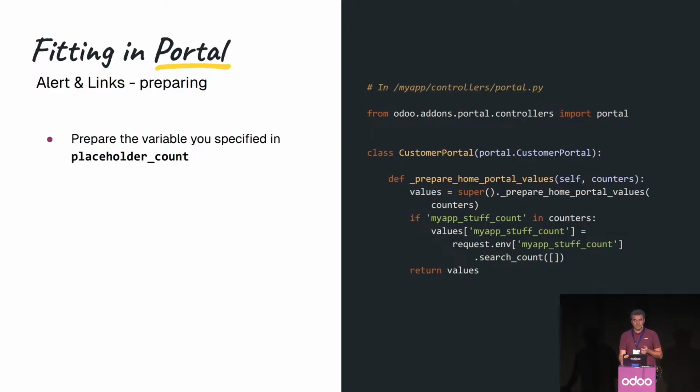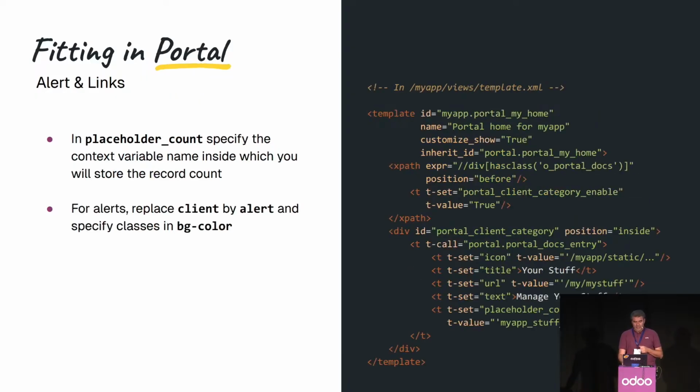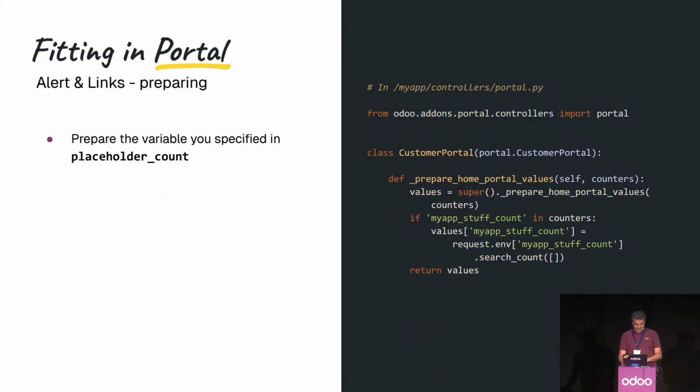So you need to extend the customer portal controller. In there, you can override prepare home portal values, which receives the list of counters that are requested to render the page. And so you just associate to each counter name the number of records that matches it. For the alert, you do exactly the same, but I will show it in the code in a minute.